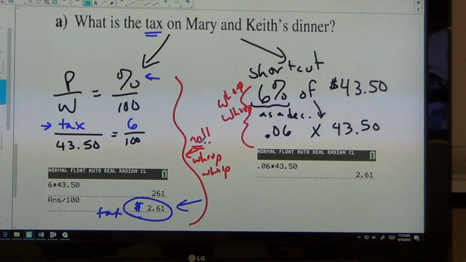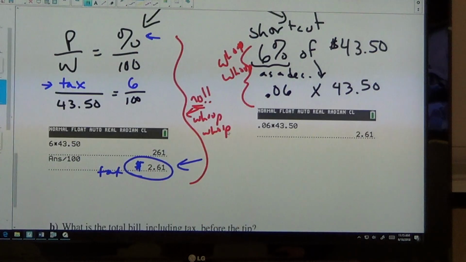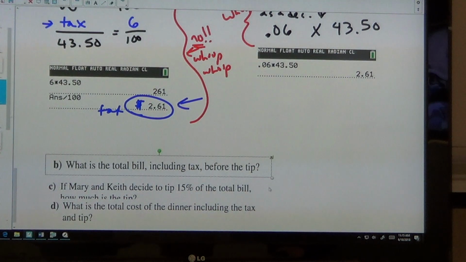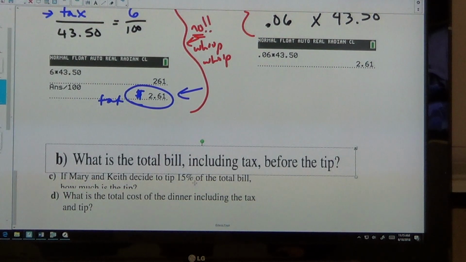That is the question. If you use part over whole, you are not going to whoop-whoop because it knows that that's 6%. If you do the shortcut method, you've got to change 6% to a decimal. So it's according to what method you want to use as to whether you whoop-whoop or not. We good?